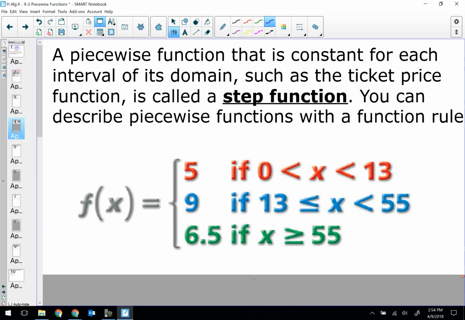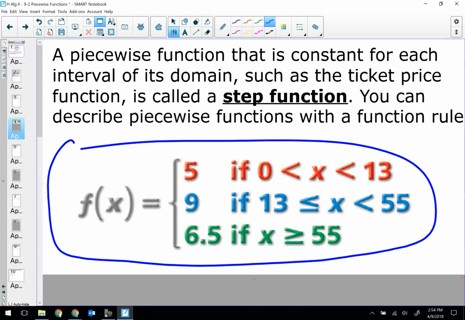This is actually what a piecewise function will look like. Here's our function. We name it something. It's equal to, and then we have this brace, and that's going to go around all parts of our intervals. Now look at our intervals. From 0 to 13, from 13 to 55, 55 on. This would probably be like my movie ticket price thing. If you're between 0 and 13, if you're under 13, then you're going to pay $5.